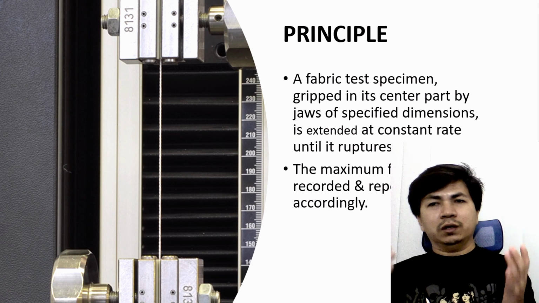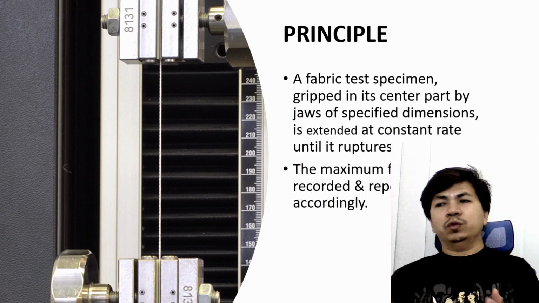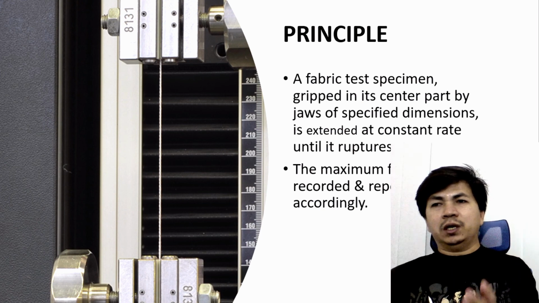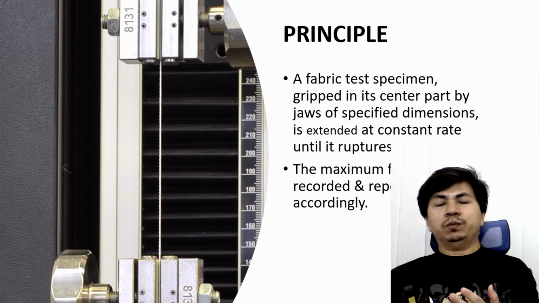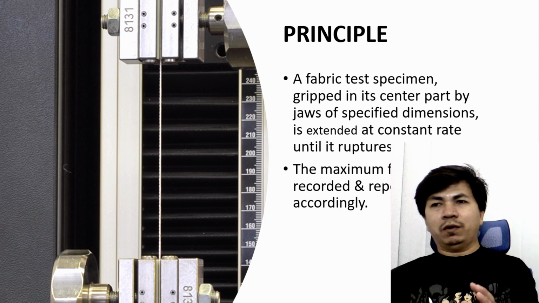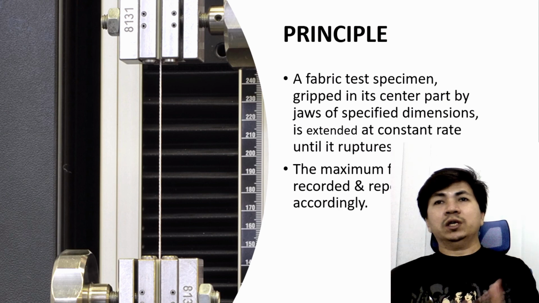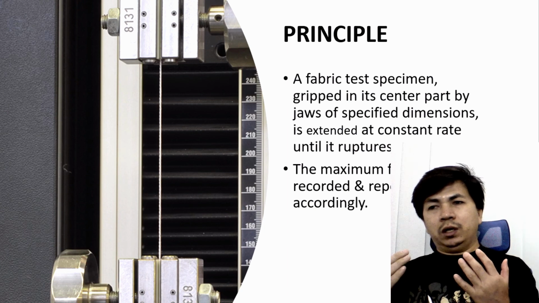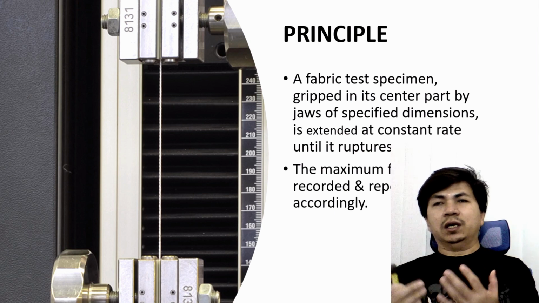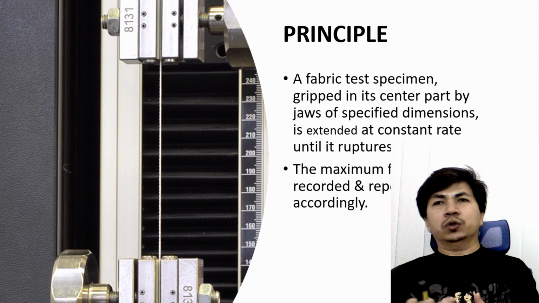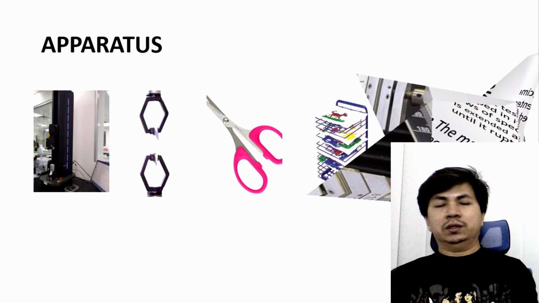When we receive a sample, we will condition it. After conditioning, we prepare the specimen, and after preparing the specimen, we go to the machine for conducting this test with some specific parameters. Then we will calculate, state the result precisely, and report. This is the total principle of this test.